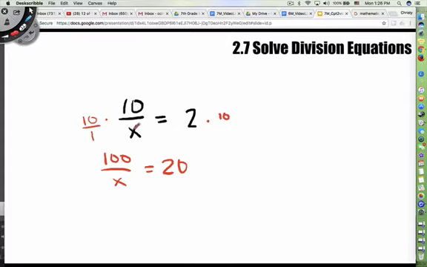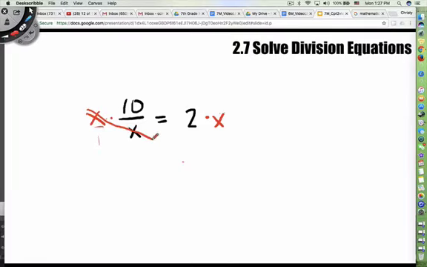So we need to get x by itself, and this is going to require an extra step. What we did here was wrong. Again, I do not want you to think that this is right. We do need to multiply. Division is undone by multiplication, so we are going to multiply both sides by x. Multiply by x, multiply by x. What this does is we have the x over 1, it gives us 10x over x.